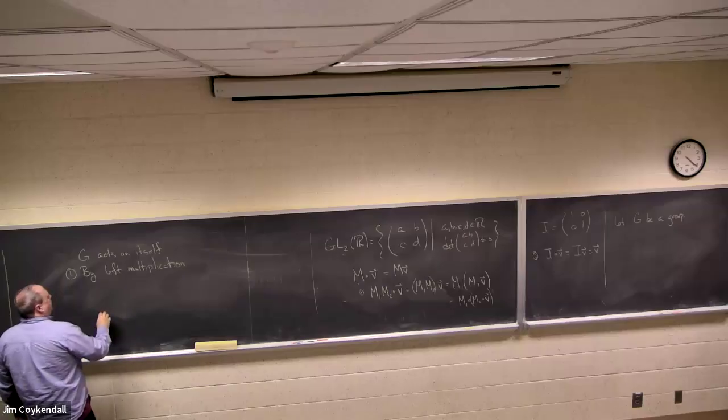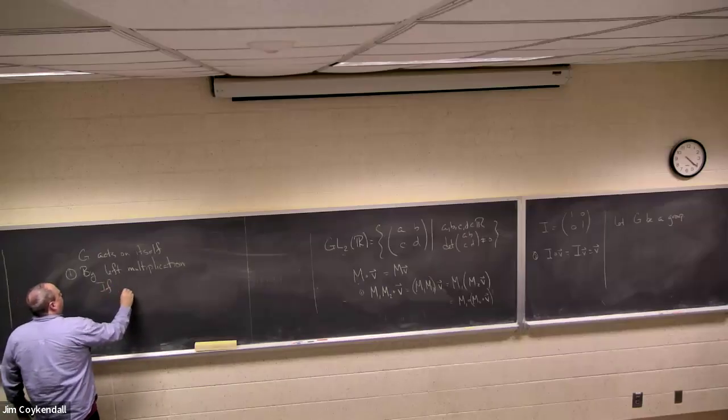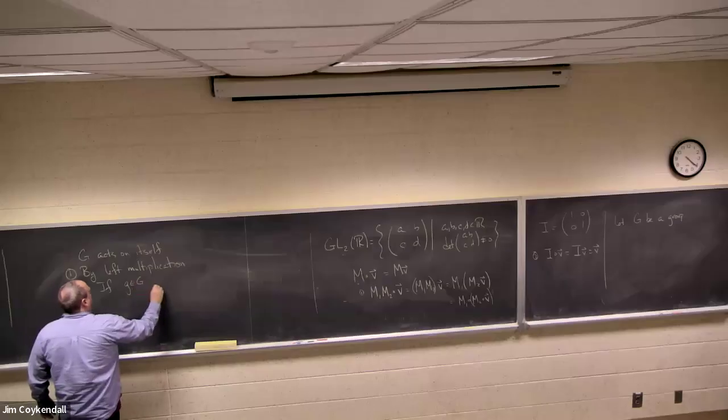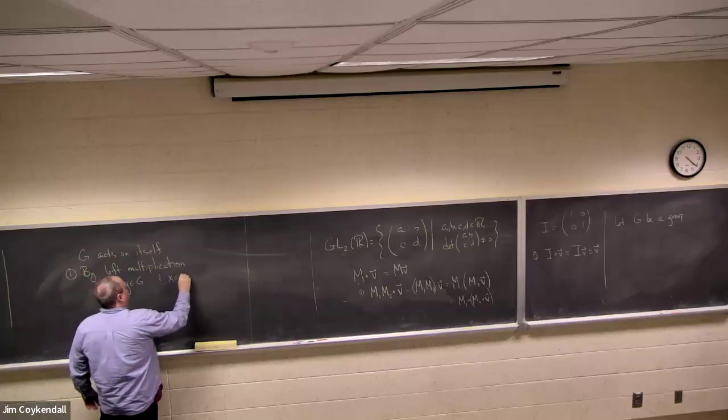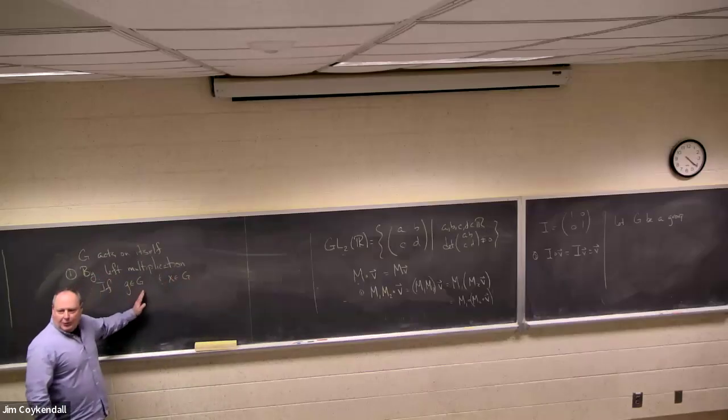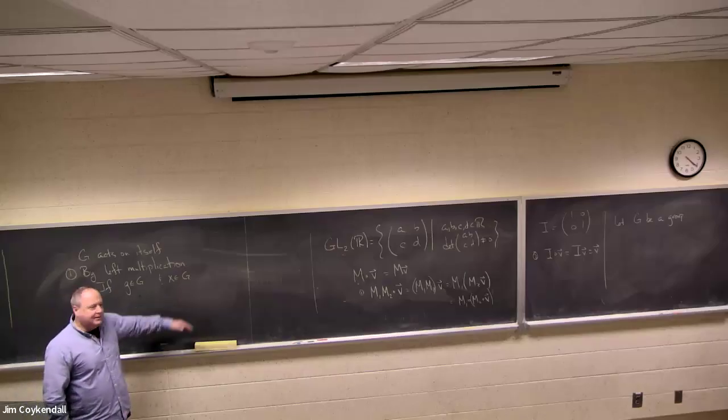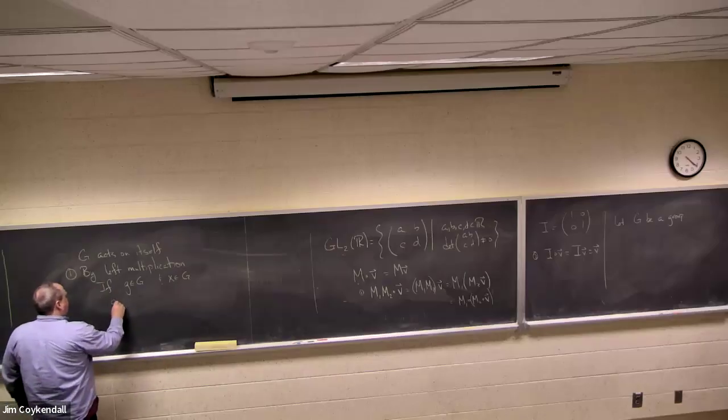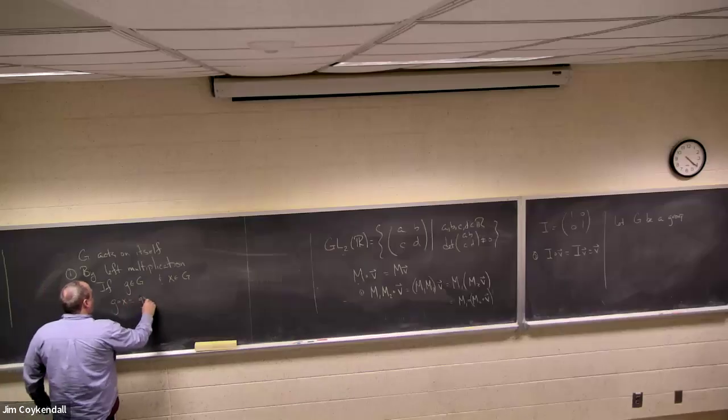So that is, if g is in G and x is in G, so I think of this as the group and what's being acted on, we define g acts on x as gx, right?